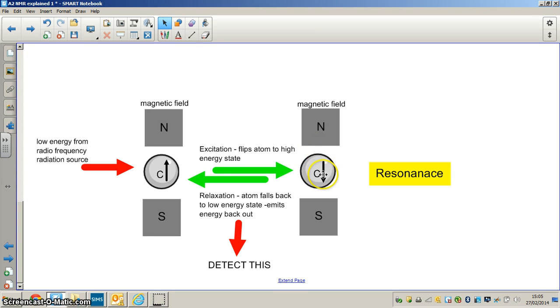And once they get to this state, they invariably fall back to the low energy state, and at that point they release the energy which has been given to them, and this is called relaxation.